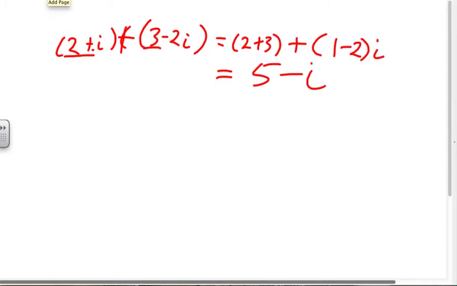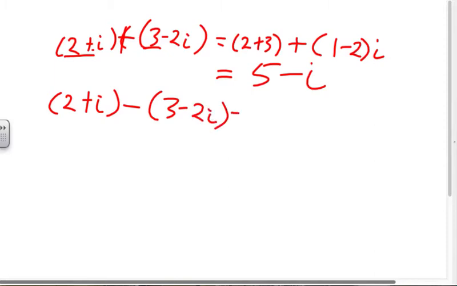Now let's deal with something a little bit harder. Subtracting 3 minus 2i from 2 plus i. All this is you're distributing the negative. So it's the same as 2 plus i plus -3 plus 2i. Just bring the negative in.